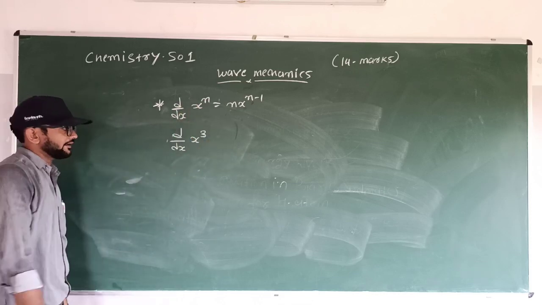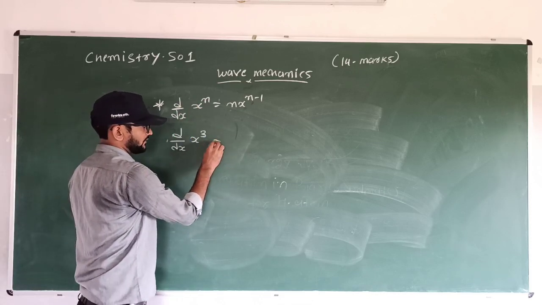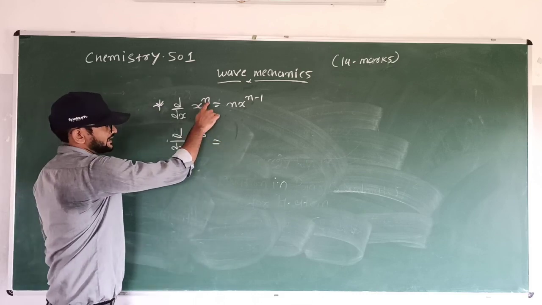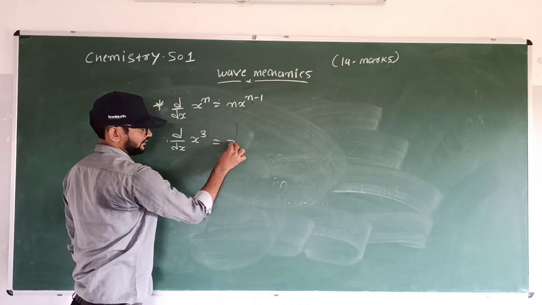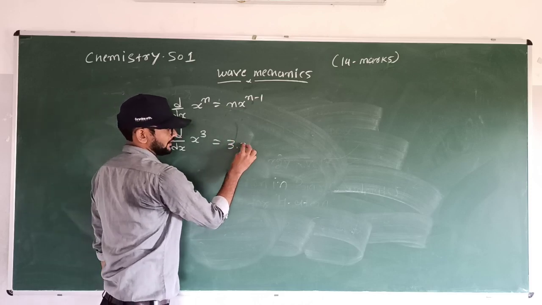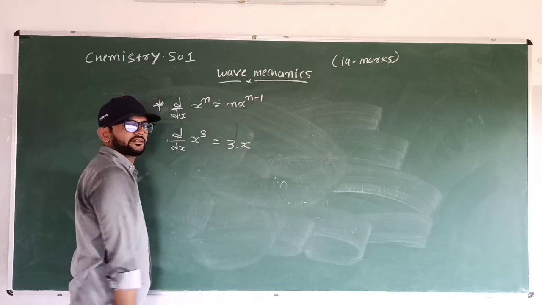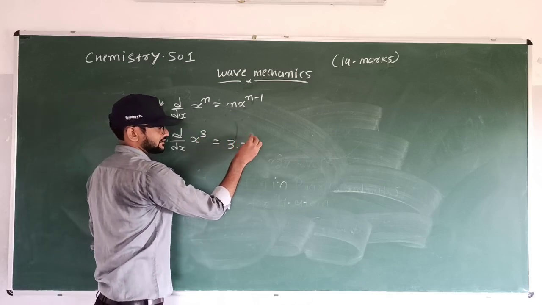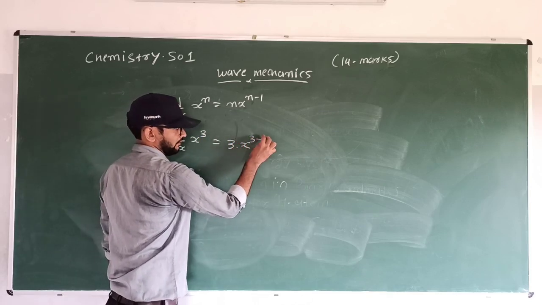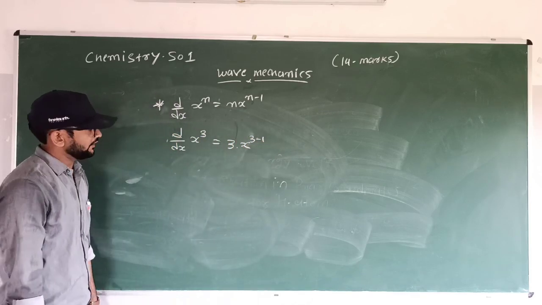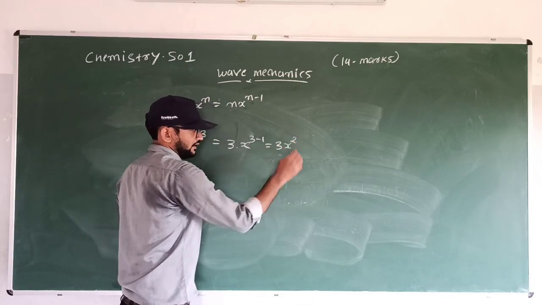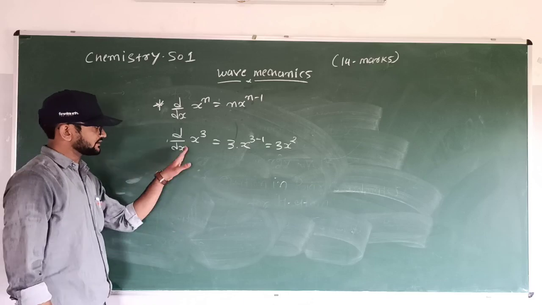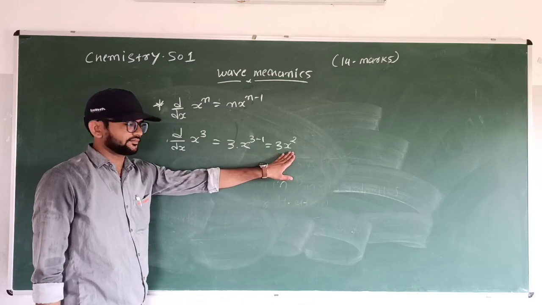Like this, d by dx of x cube. Here the value of n is 3. So n remains 3 into x to the power n minus 1, that is 3 minus 1, equal to 3x square. So the value of d by dx of x cube is 3x square.